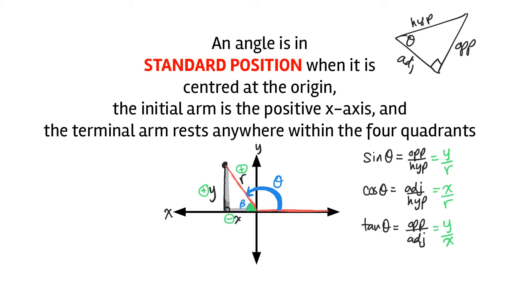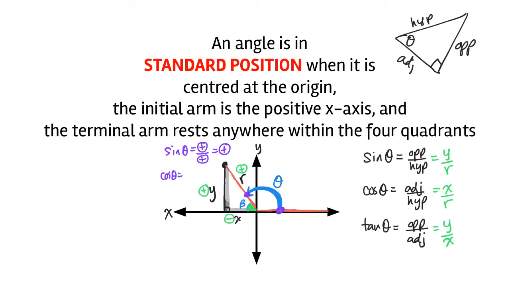So now using those ratios, we can talk about the sign of each of our trig functions, sine, cos, and tan, in each quadrant. So for this quadrant here, when I'm talking about sine of theta, I'm talking about that angle that goes from the initial arm to the terminal arm, from here to here. Then here we have y over r, and that's a positive value over a positive value. Okay, so sine is positive here. When we're looking at cos, however, cos has that x in it.